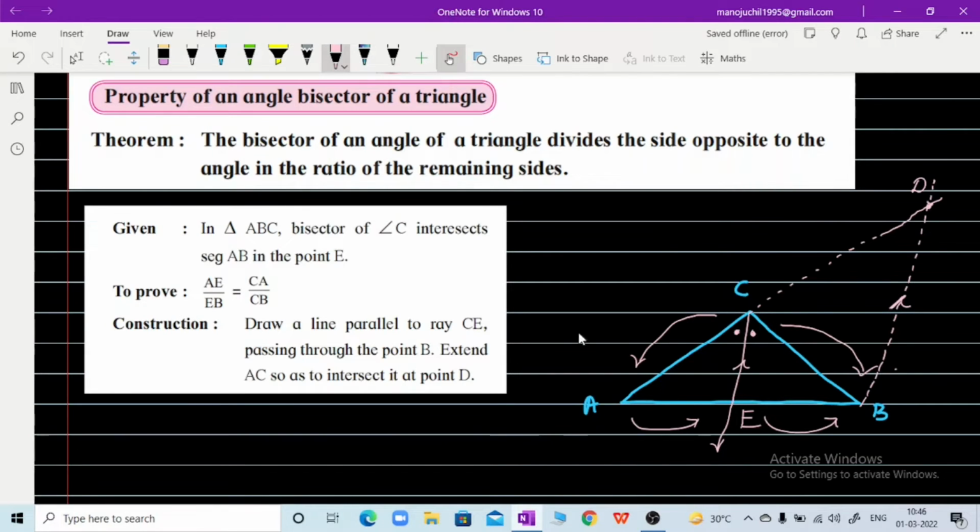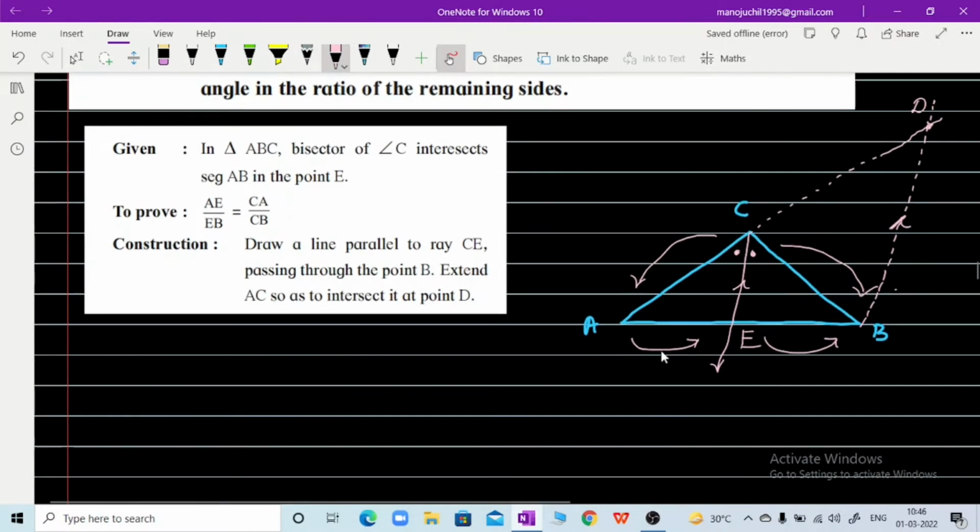So how are we supposed to prove this particular part? The first statement we'll take is number 1: measure angle ACE is equal to measure angle BCE.